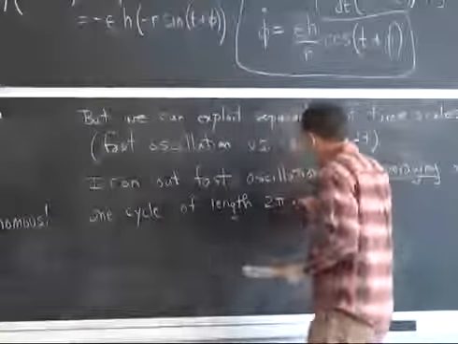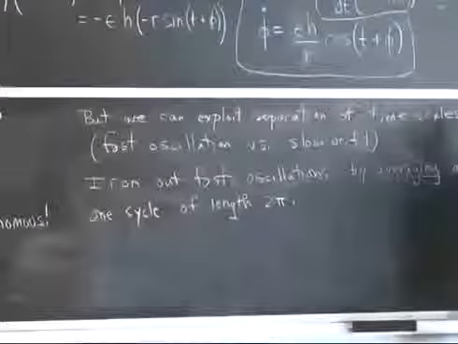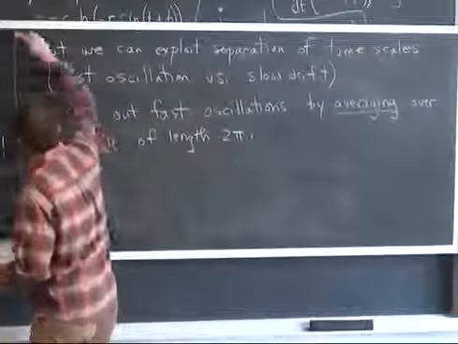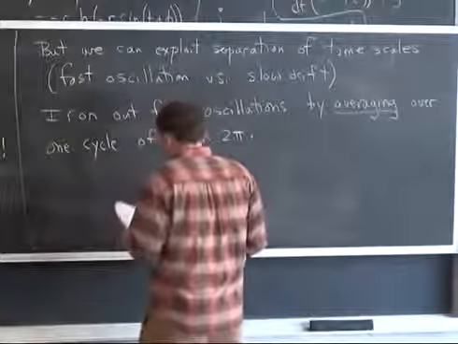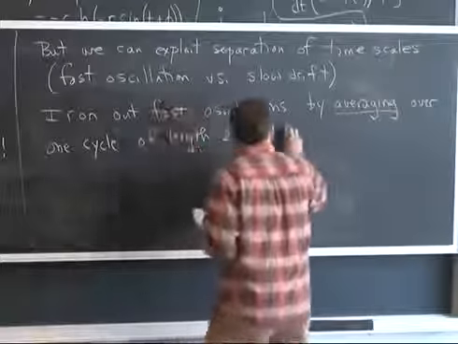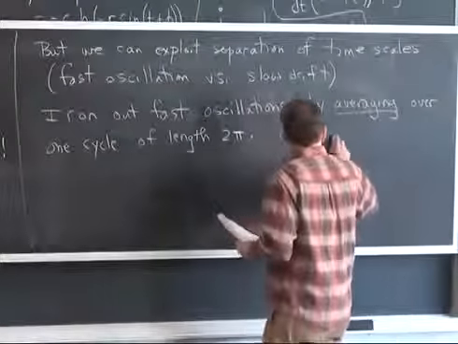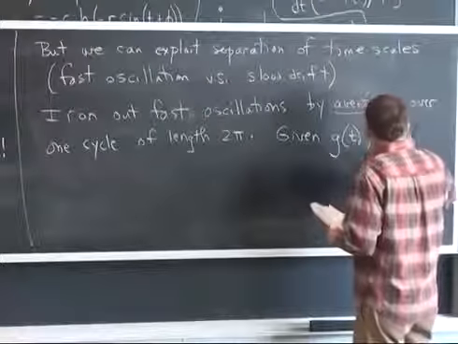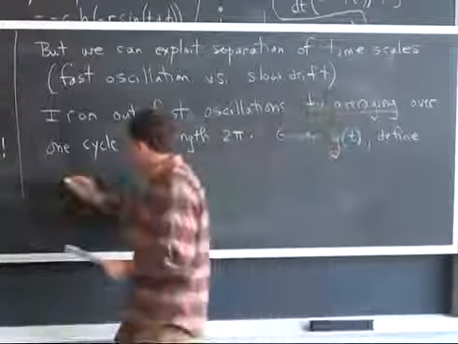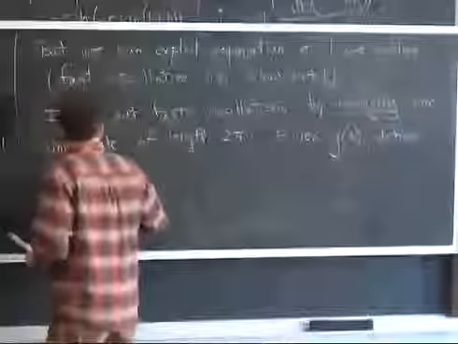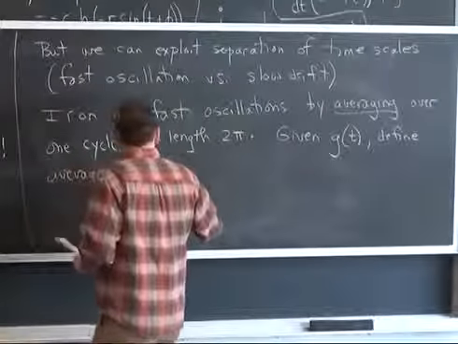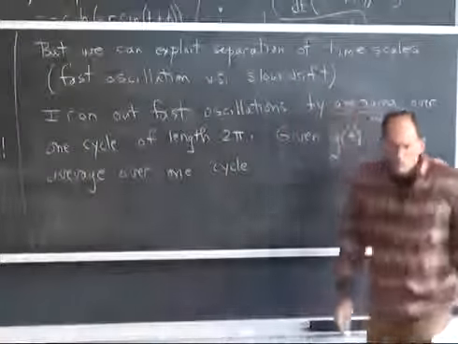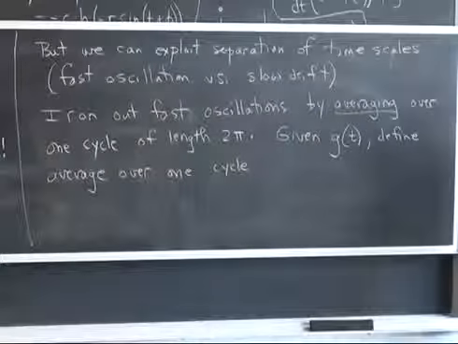So to do that, let me introduce some notation that we'll be using quite a bit. So if I have some function g of time, define the average over one cycle, where actually I want this average to be centered on a point t.